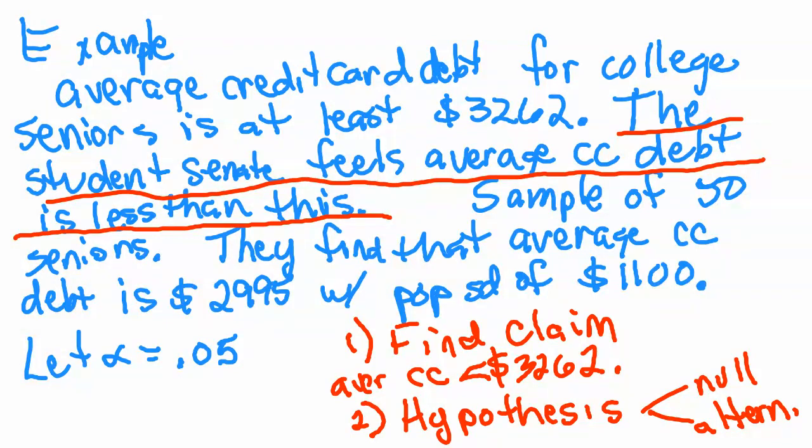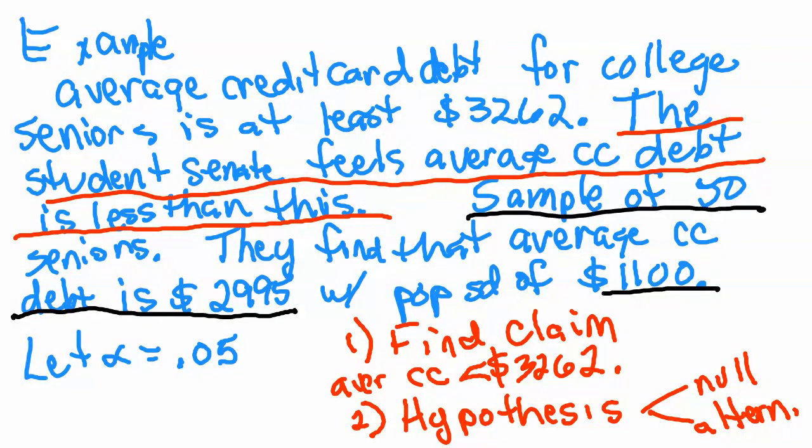Okay, that's really important. That's why you have to decide your claim first. Don't mix the claim with the example. So the example here, again, before I turn the page, the example is the 2995 and the population standard deviation of 1100. Don't mix those numbers up. This is the example.